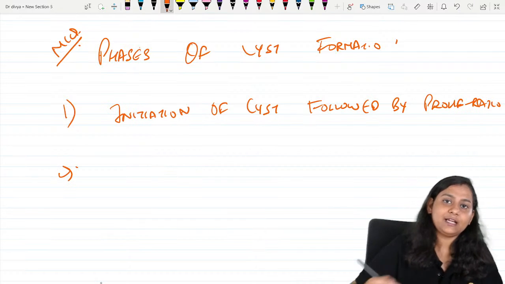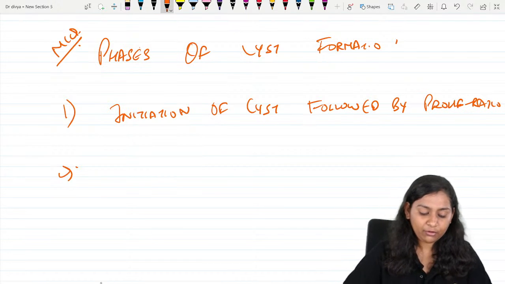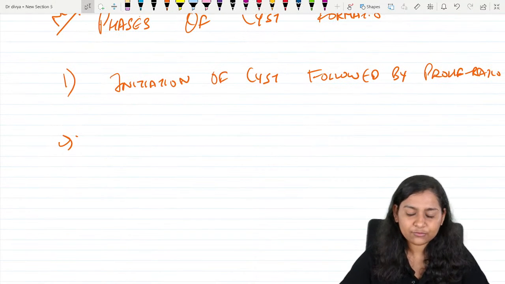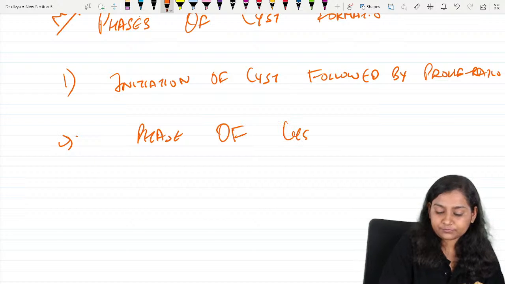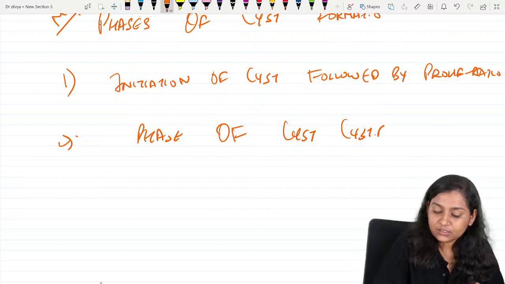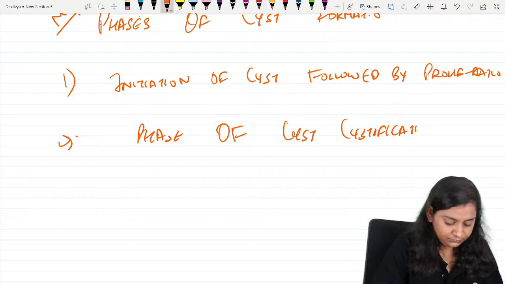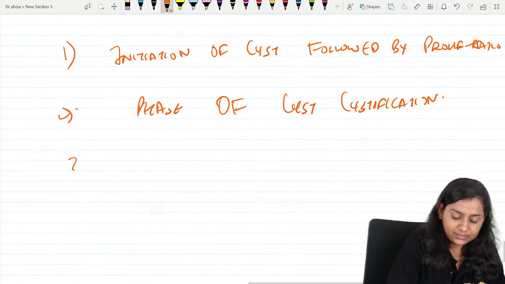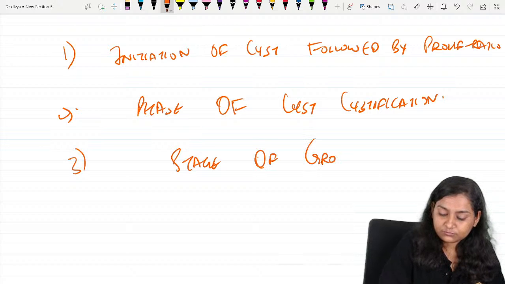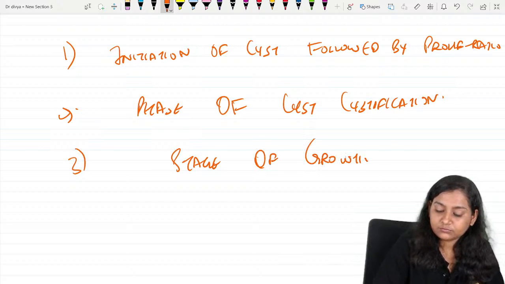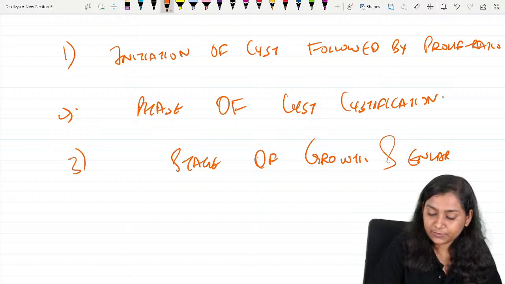First, let's write down the phases, then we will understand this with the help of diagram. Initiation of the cyst followed by proliferation. Then there is a phase of cystification. Then there is a stage of growth and enlargement of the cyst.